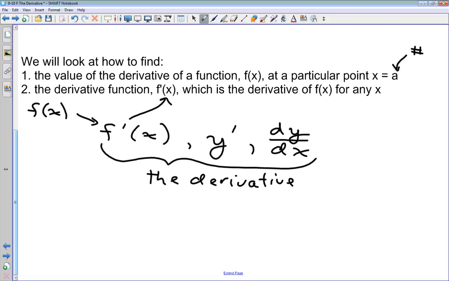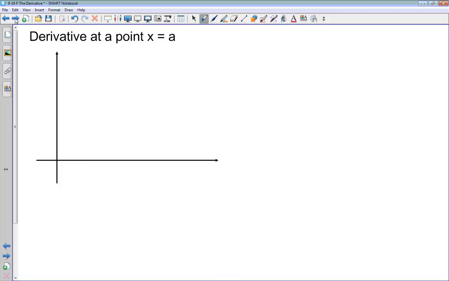So let's take a look at this first one here. How do we find the value of the derivative, or the value for the slope of the tangent at a particular point? So let's start by imagining that we have some function, f at x.